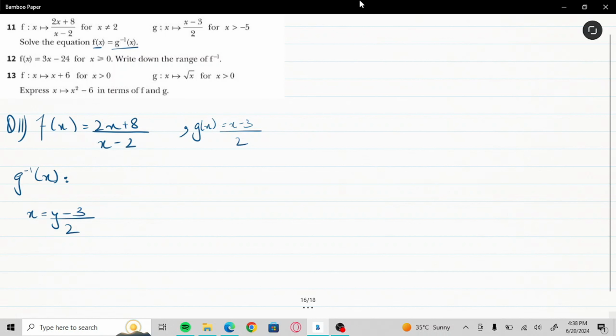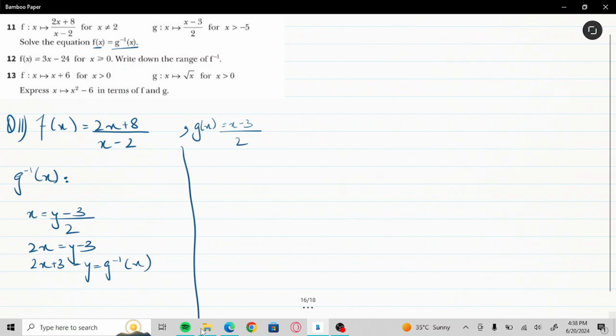I'm not doing step 1 right now, it takes space. So 2x is equal to y minus 3 and 2x plus 3 is equal to y, which in turn is equal to the inverse of function g.